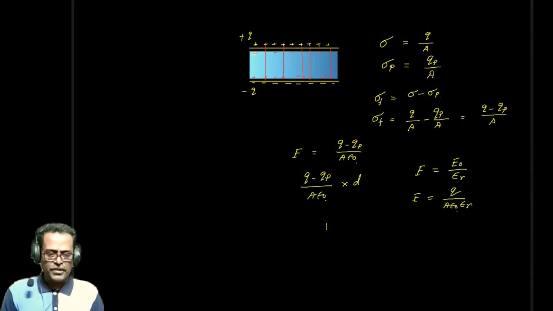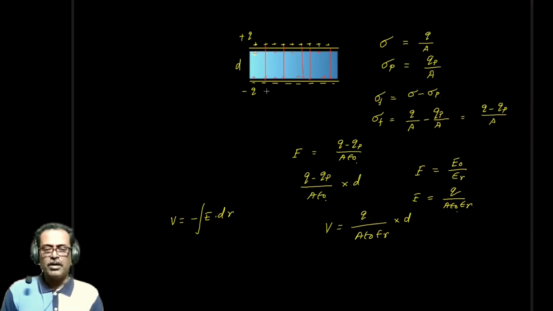The potential difference V is equal to Q by A epsilon 0 epsilon r into d, because we know that V is equal to the integral of minus E dot dr. So the integration of dr is equal to d, that is the distance between the plates or the thickness of the dielectric. Therefore, Q is equal to A epsilon 0 epsilon r by d into V.